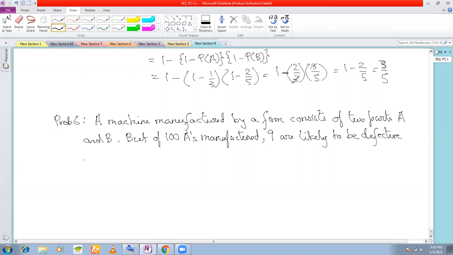And out of 100 B's manufactured, 5 are likely to be defective.